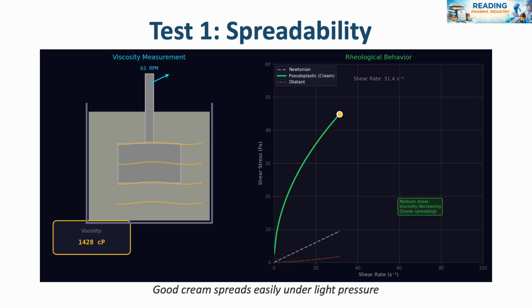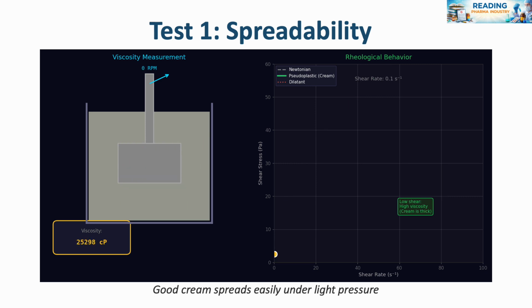Pharmaceutical creams often exhibit a pseudoplastic pattern or trend, and this is explained here in this graph on the right. These are the common ways materials respond to shear stress. Basically, when you apply a stress on the material, it could be related to the shear rate. So if you apply some kind of rate, the stress or the response to this will be similar. It will be linear.